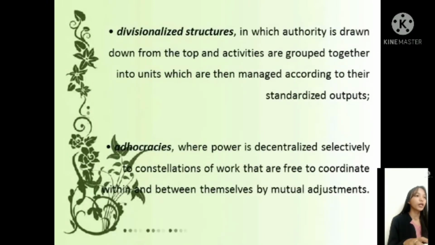The next is the divisionalized structure, in which authority is drawn down from the top, and the activities are grouped together into units which are then managed according to their standardized output. The fundamental advantage of a divisional organization over a machine structure is that it allows line managers to keep more control and accountability.